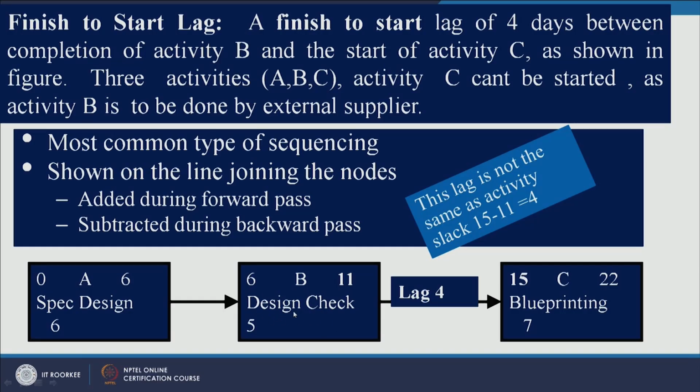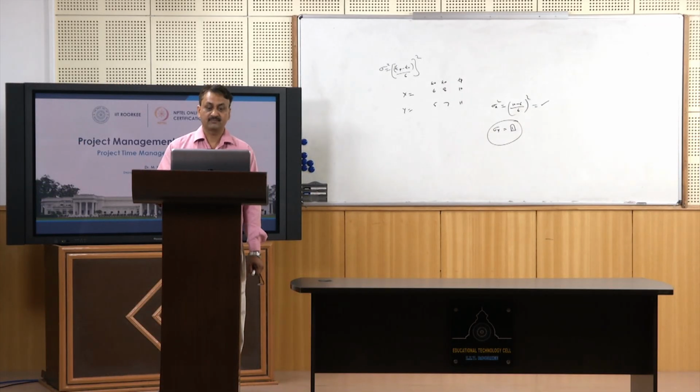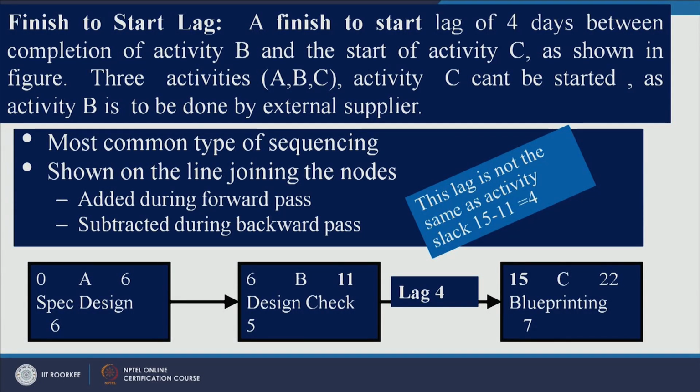After completing this activity, he has to supply that particular part in your plant, and that time is 4 days. So, before getting this part from the third party, you cannot start activity C. So, there is a lag of 4 days.